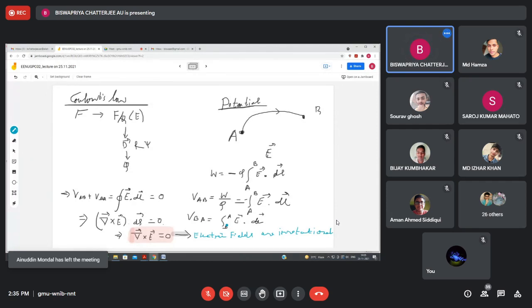Later in this course, I will show you that in case of the magnetic field, the divergence of the magnetic field will become 0. So if a vector field has zero curl, it must be an electric field, and if its divergence is 0, then it must be a magnetic field.